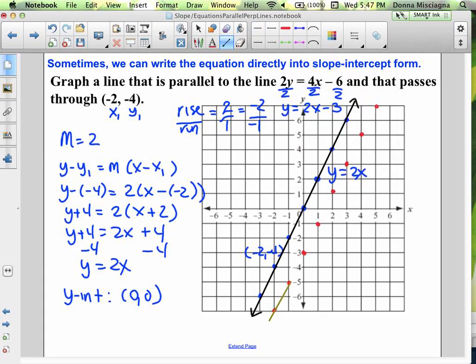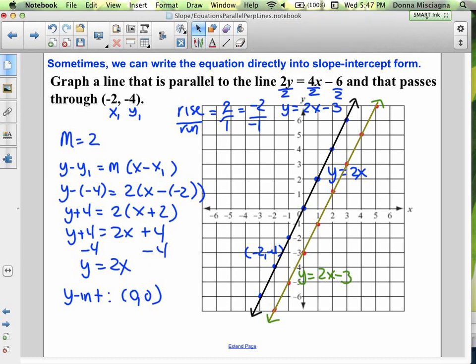It's a sickly green, like a plant that has been dying. All right, and so here we have y equals 2x minus 3. And you can see we have parallel lines because they have the exact same slope. You can see those points having the exact same rise and run all the way through.